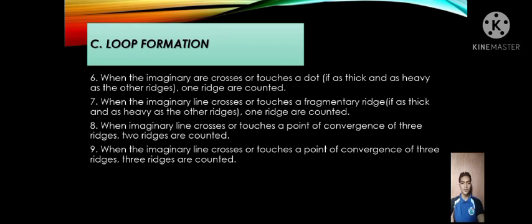Sixth rule is when the imaginary line crosses or touches a dot, if as thick, as heavy as the other ridges, one ridge is counted. Seventh is when the imaginary line crosses or touches a fragmentary ridge, one ridge is counted. Eighth is when the imaginary line crosses or touches a point of convergence of two ridges, two ridges are counted. And the last rule is when the imaginary line crosses or touches a point of convergence of three ridges, three ridges are counted.